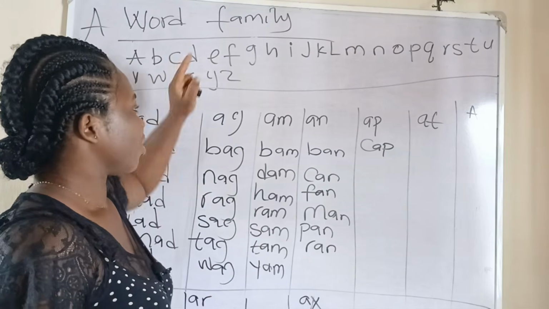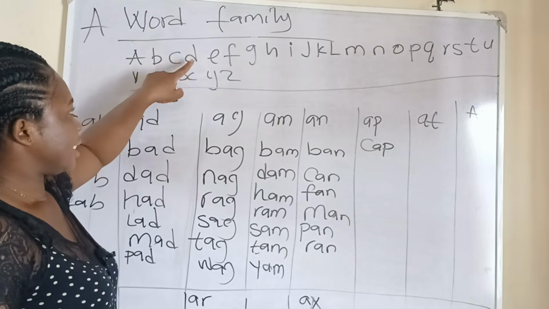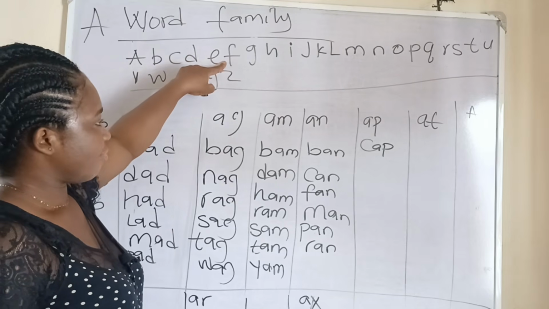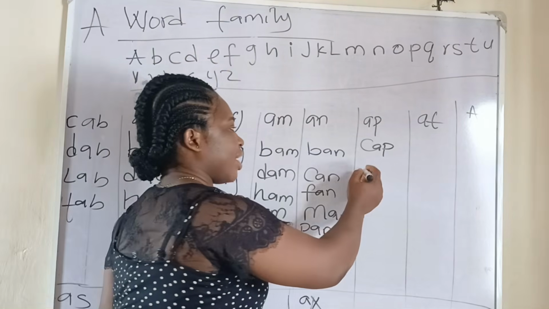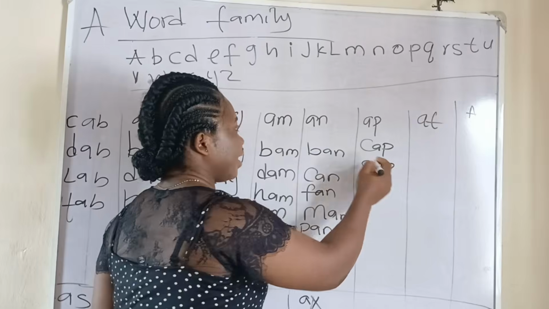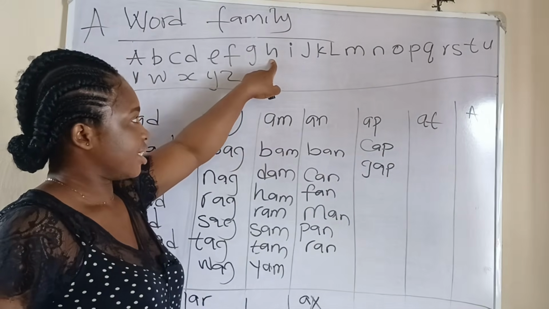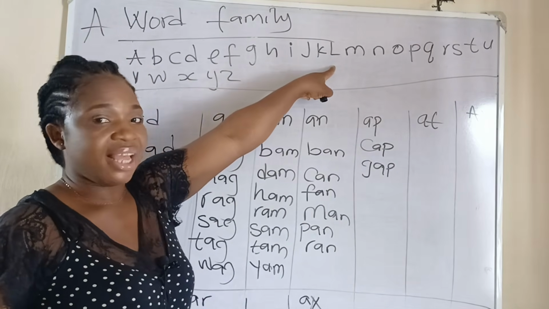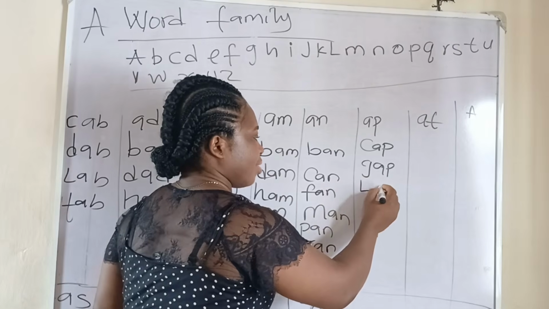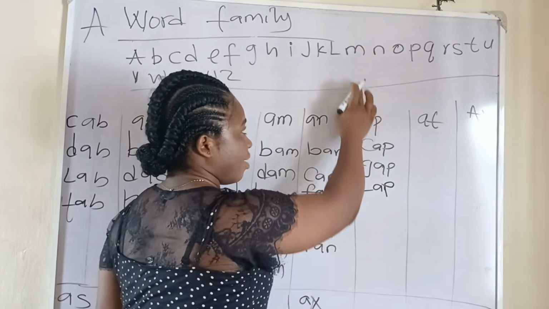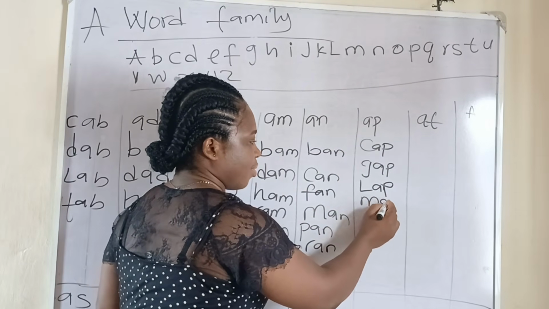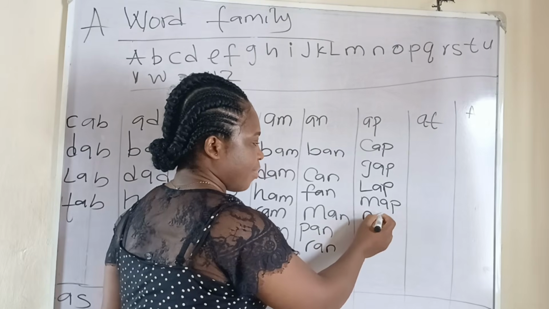That's what I said. We have cap, dap, E, F, G. We have gap. H, I, J, K, L. We have lap. We equally have M, map. We have N, nap.